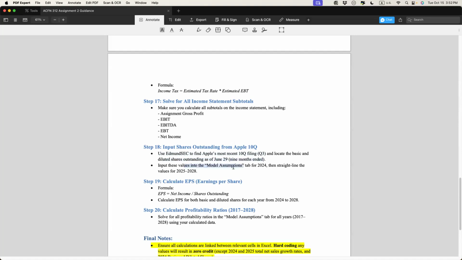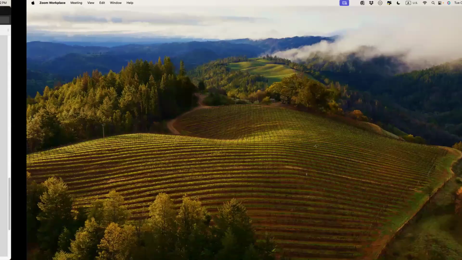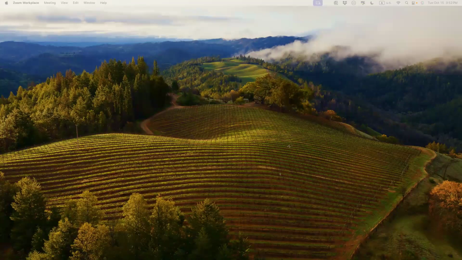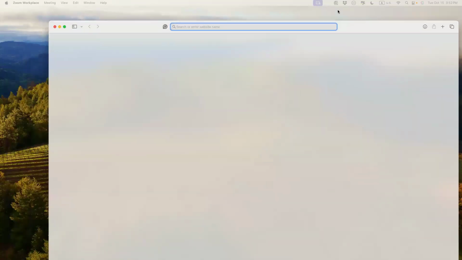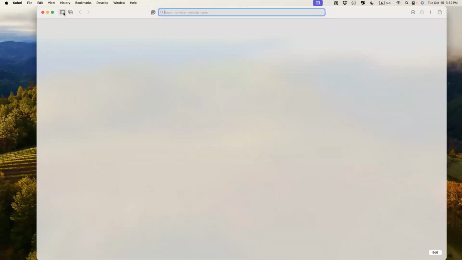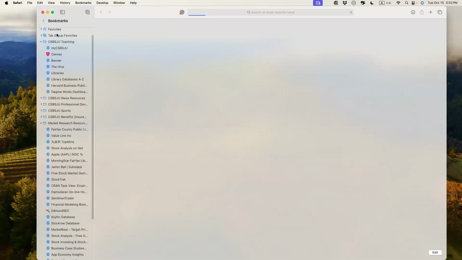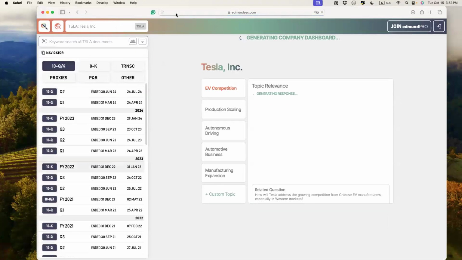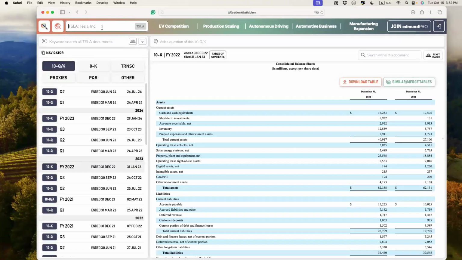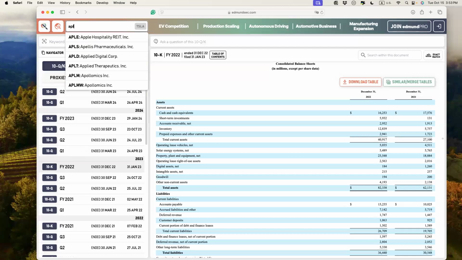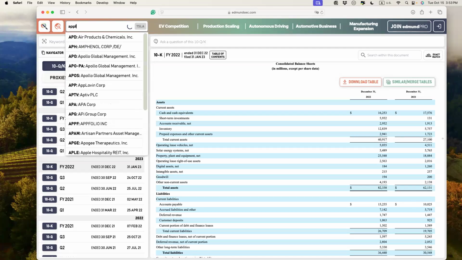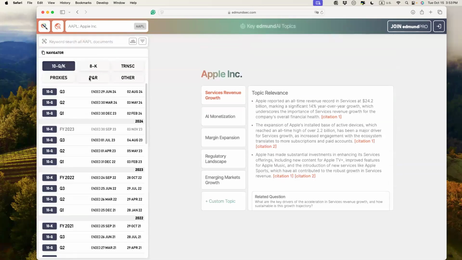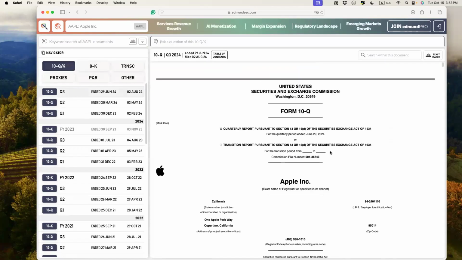Input those values and straight line that for the future years. So what we're going to do here, we're going to go to EDGAR SEC. Let's search for Apple. Let's find the 10Q, Q3.